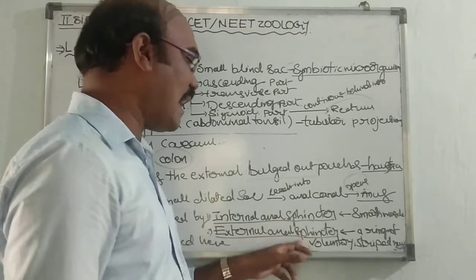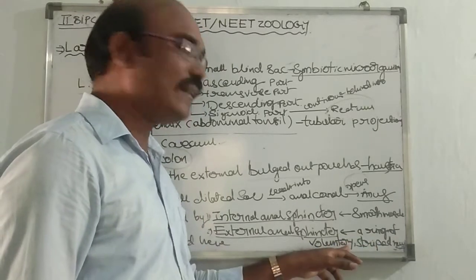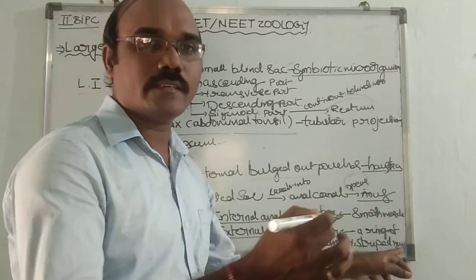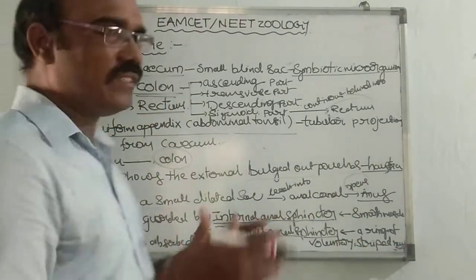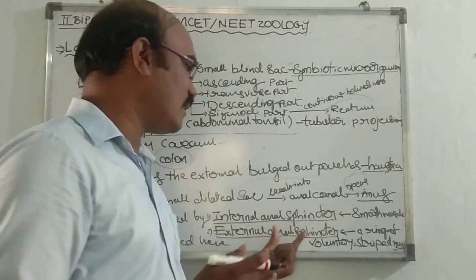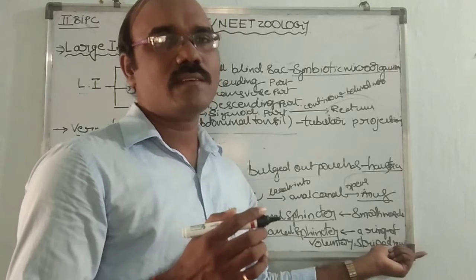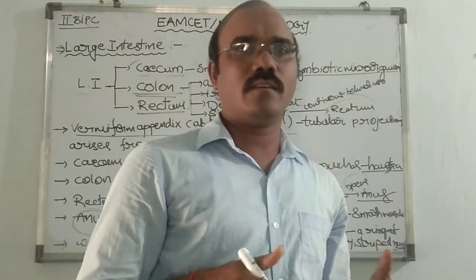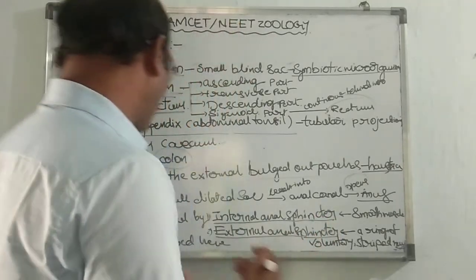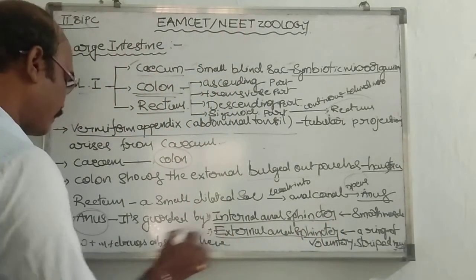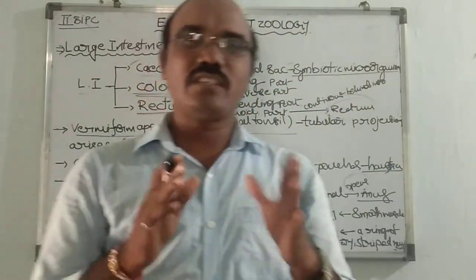The external anal sphincter is formed by a ring of voluntary or striped muscle, so its movement is controlled by us.